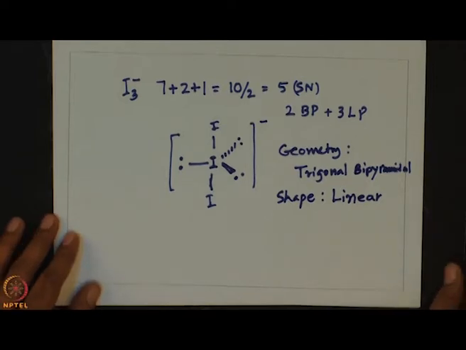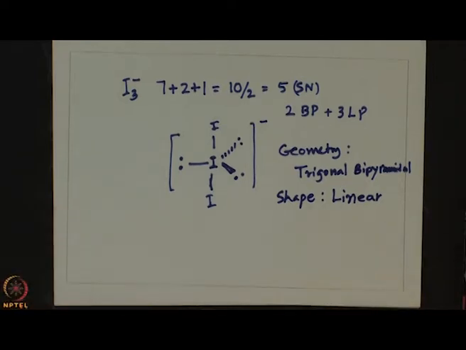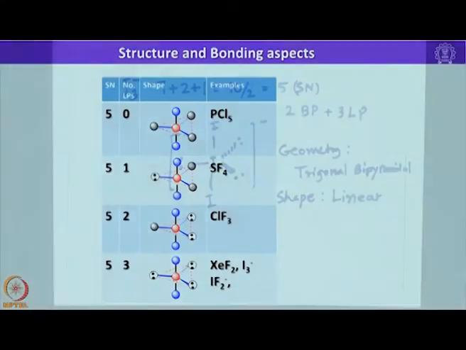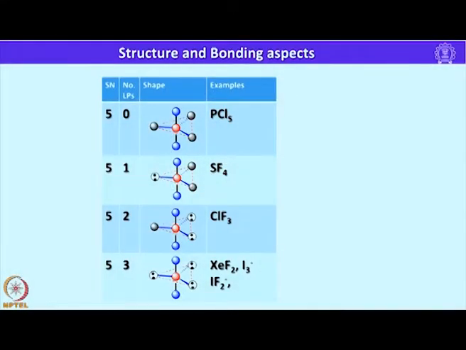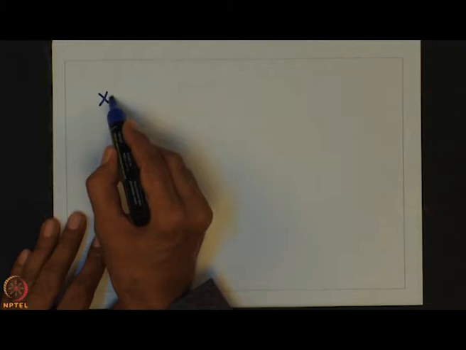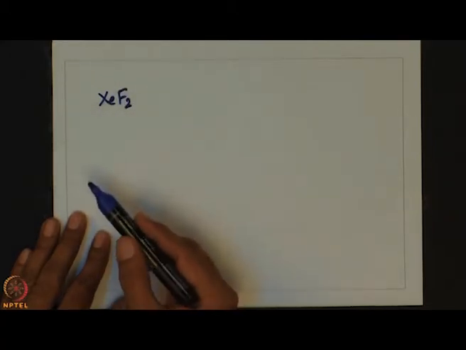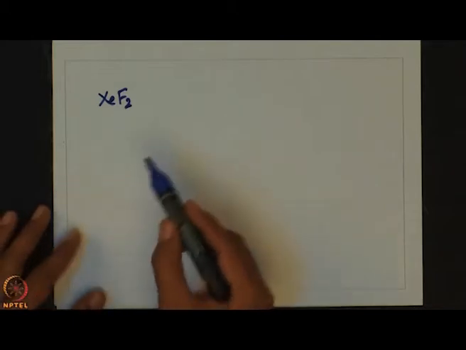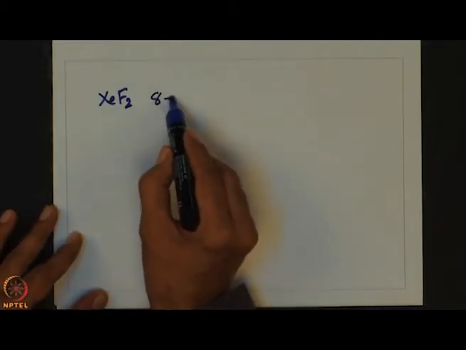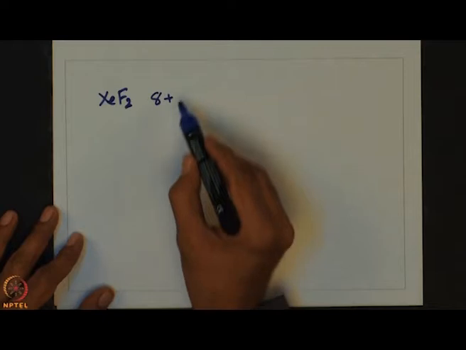Okay. And similarly one can write IF2 minus, and also in case of XeF2, let me consider XeF2 as well, because here we have more lone pairs. XeF2 has 8 electrons, 5s2 5p6 electronic configuration. So, we have 8 electrons and 1 electron each is coming from fluorine.